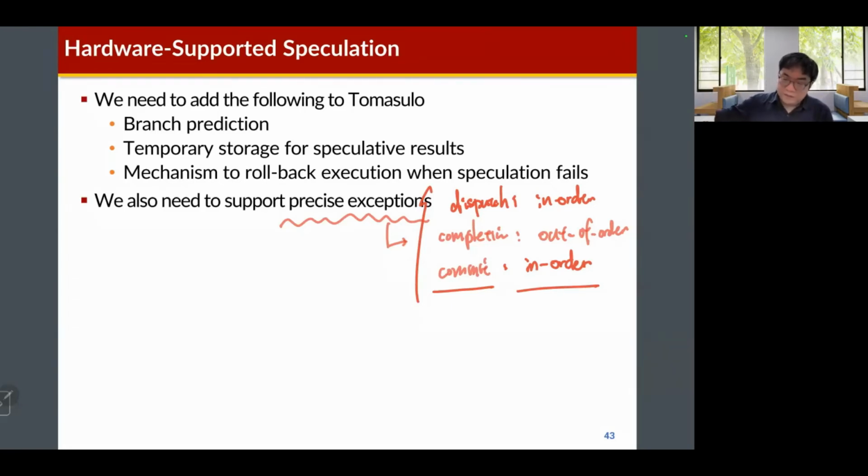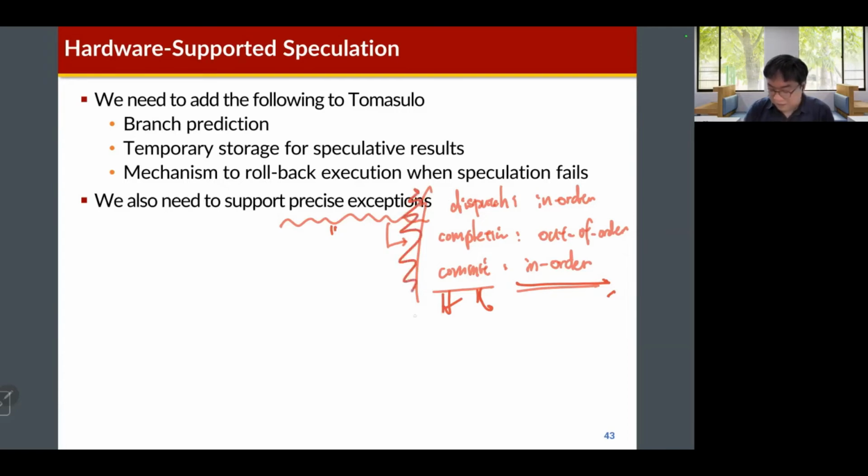Because commit is in order, we can support exception handling when an instruction is committed. So instruction commit being in order means we can support in-order exception handling. You need to remember this: because the commit of an instruction is in order, we can support precise exceptions.